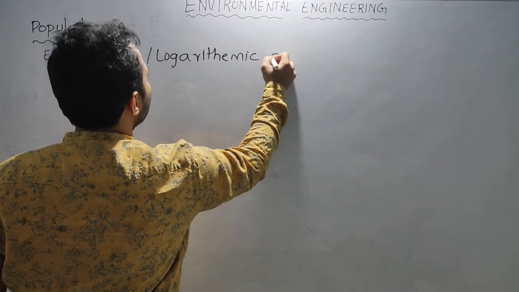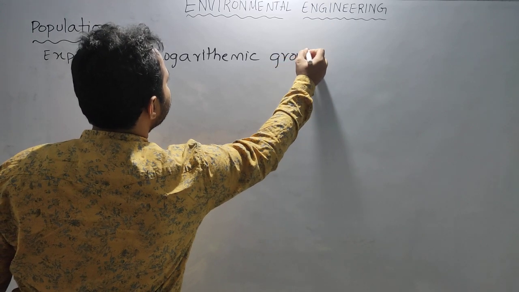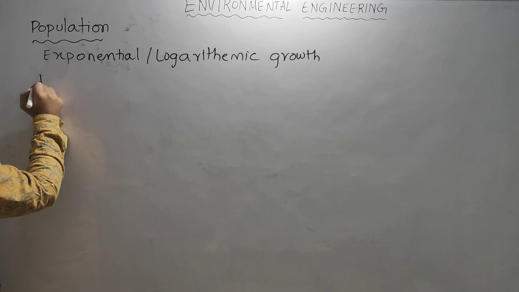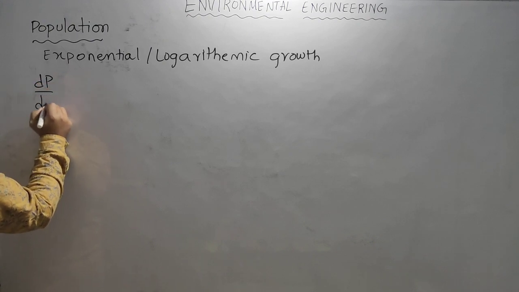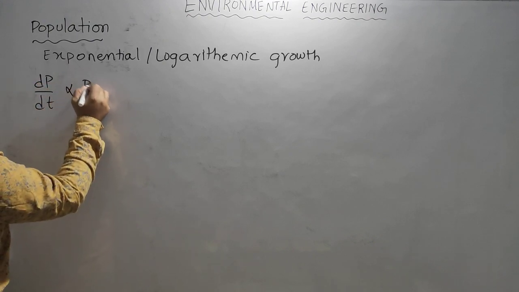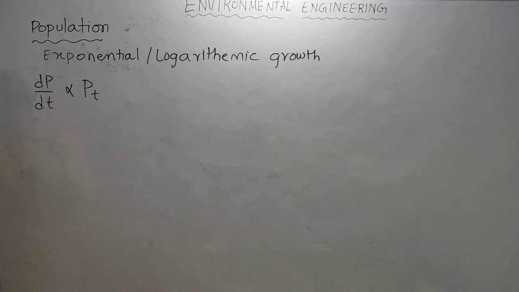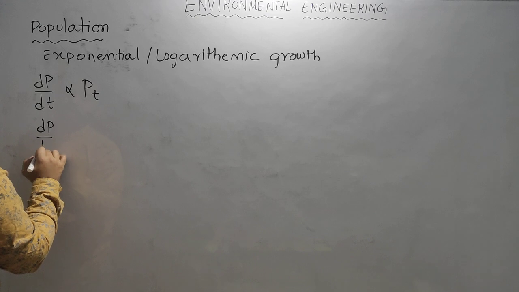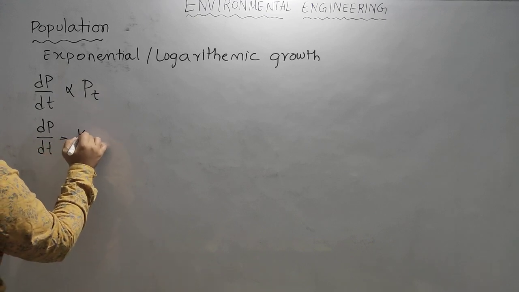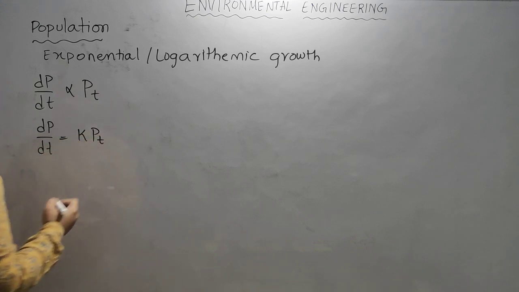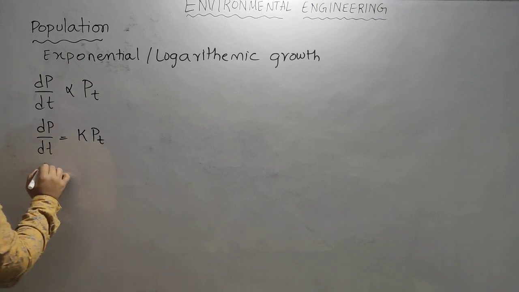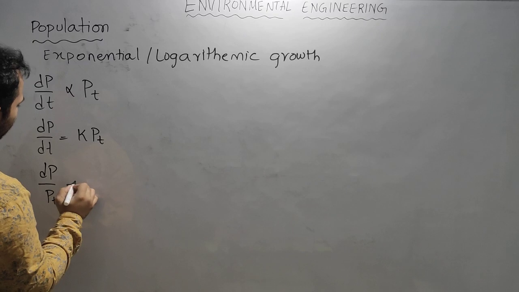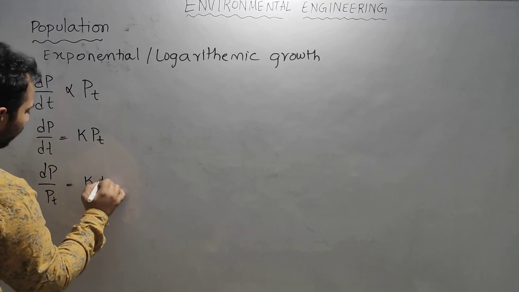So exponential or logarithmic growth, where dP by dt is proportional to the present population. Here I will keep a proportionality constant of k. So dP by P is equal to k into dt.